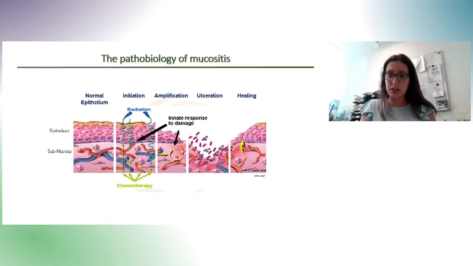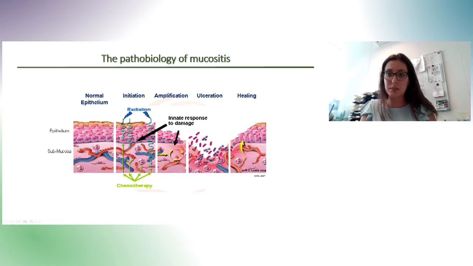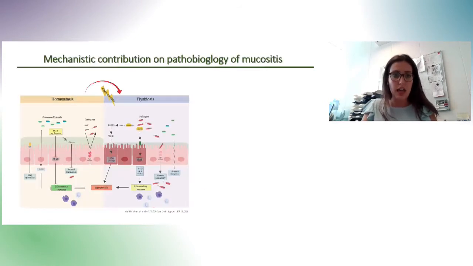This is one of the main reasons why most of these patients can suffer from infections or even worse, from sepsis. However, a few days after the initiation of the treatment, there's the healing phase, and the epithelial layer is restored, and also the inflammation is reduced.